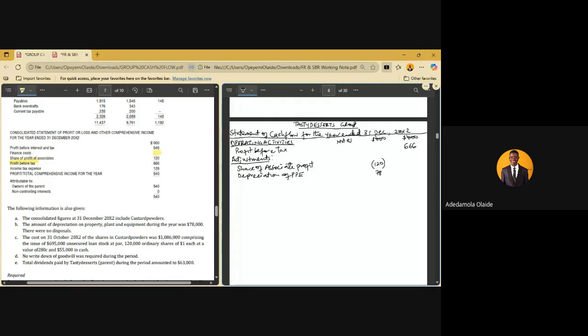We have the cost on 31 October 20X2 of the shares in Custard Powder, comprising this. Okay, we'll come back to it. No write-down of goodwill. Good. Total dividend doesn't affect our SOPL.